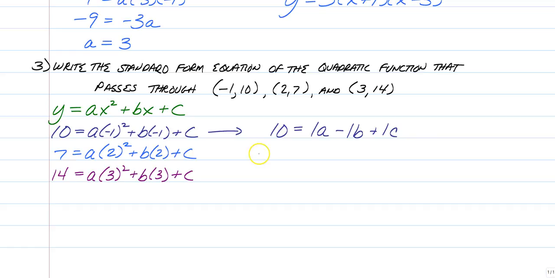Our second equation, we would simplify to 7 is equal to 4a plus 2b plus 1c. And our last one is going to be 14 is equal to 9a plus 3b plus 1c.